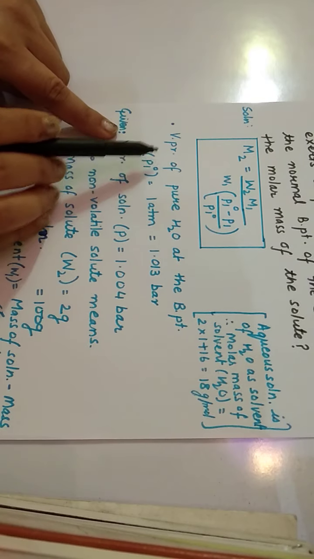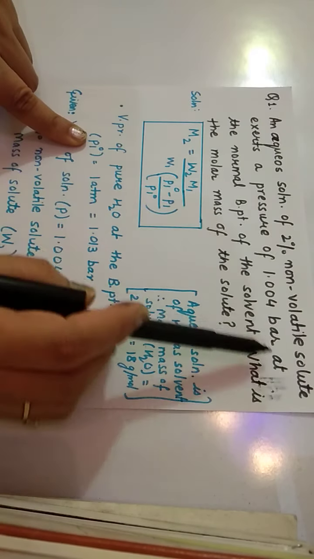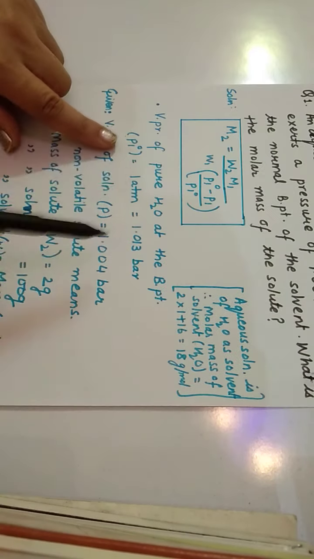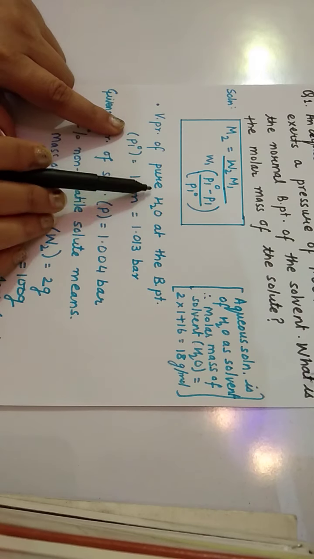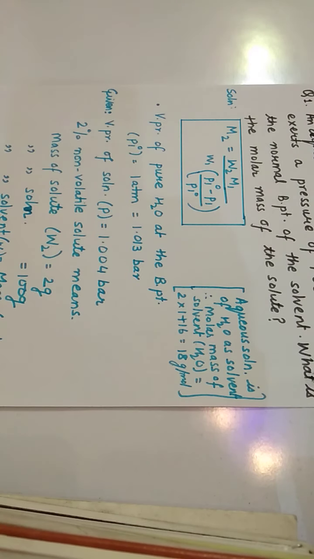Now vapor pressure of pure water at the boiling point, because children, here it is written at the normal boiling point of solvent. So the vapor pressure of pure solvent, that is water, at the boiling point, P1 naught.